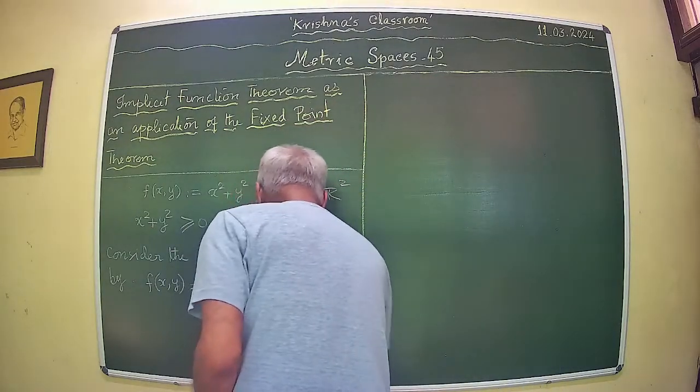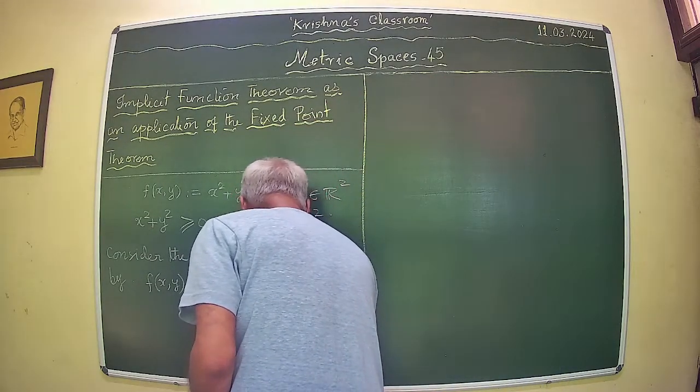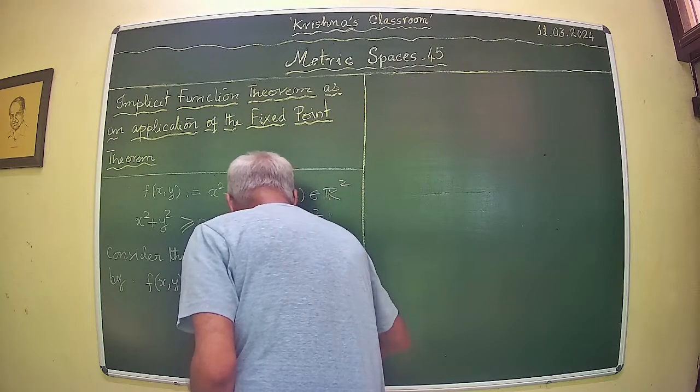It's a circle of radius a with the center at the origin.